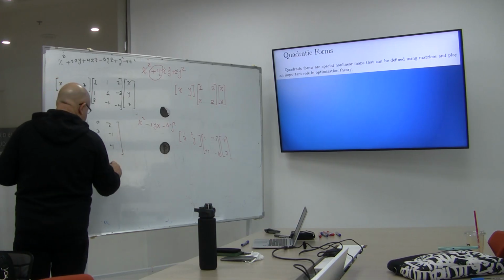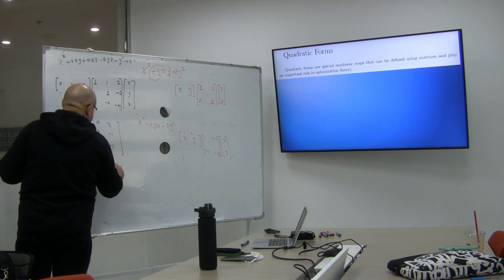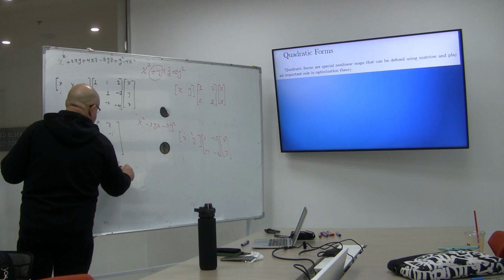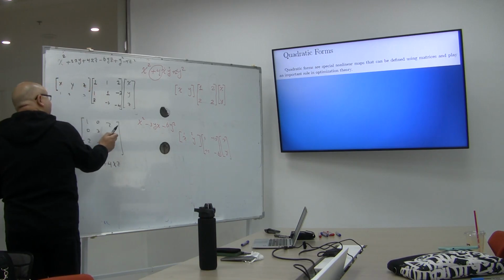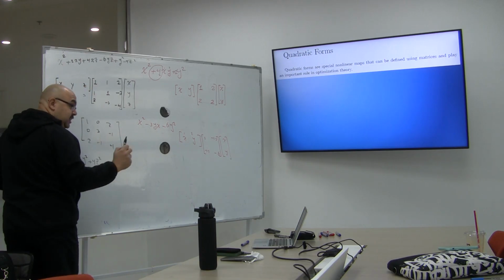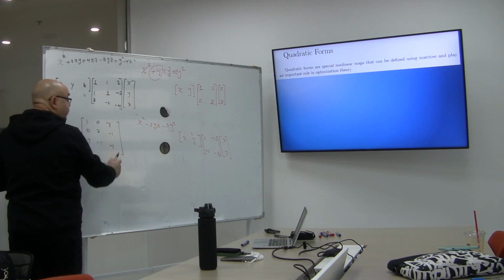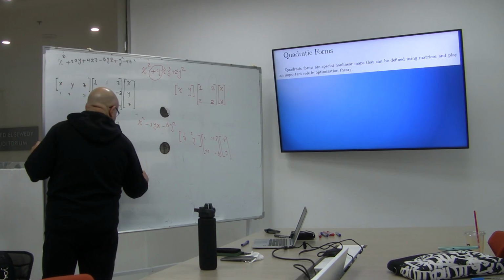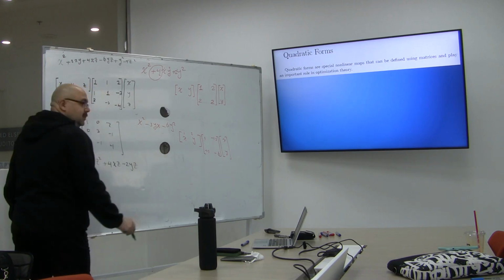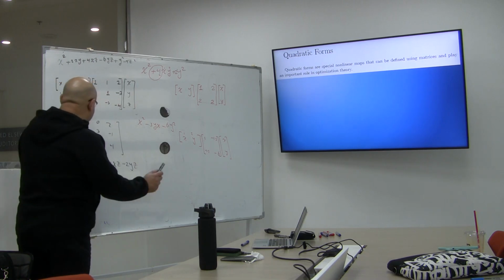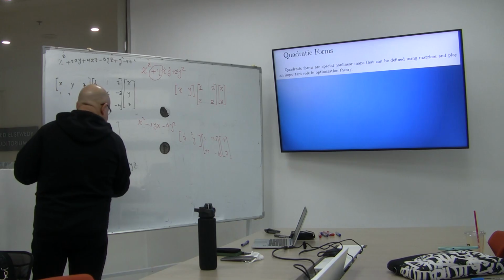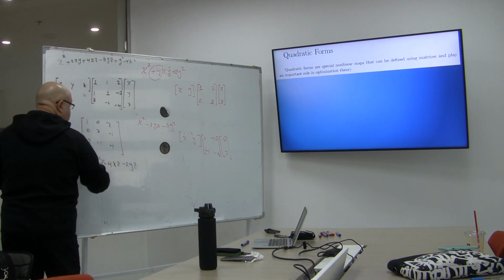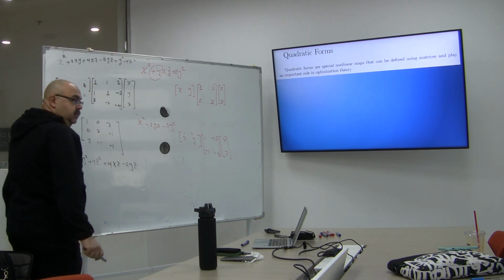Then 2 times 2 in xz, so it's going to be 4xz. Then I will have negative 1, this is yz, second, third, yz. So it's going to be negative 2yz. Just a second. Yes, it's correct. I don't have xy because the xy entries are equal to 0.